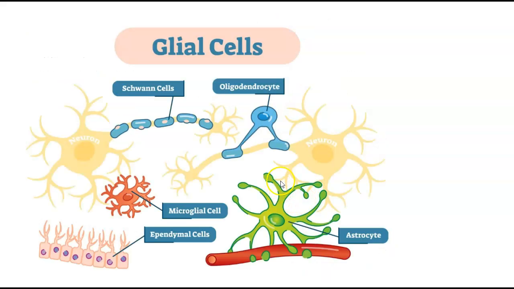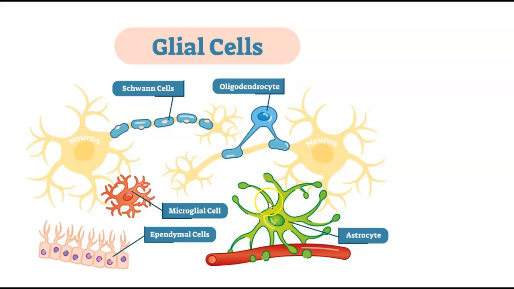Here are just some examples of other types of support cells in the nervous tissue. We mentioned the Schwann cells making up myelin sheath, oligodendrocytes, microglial cells, ependymal cells, we haven't mentioned those yet, and astrocytes.